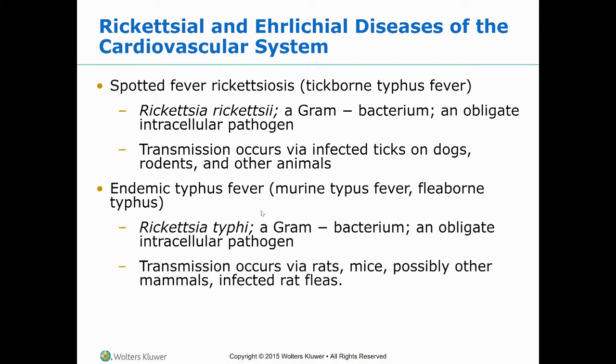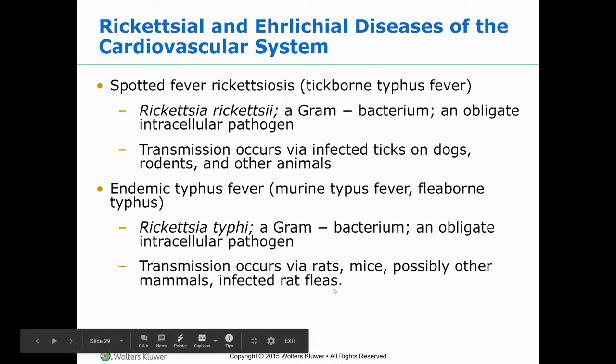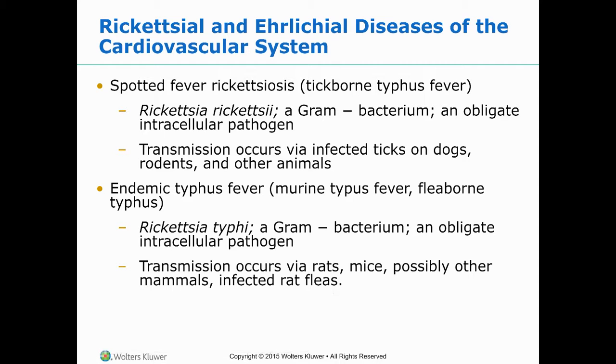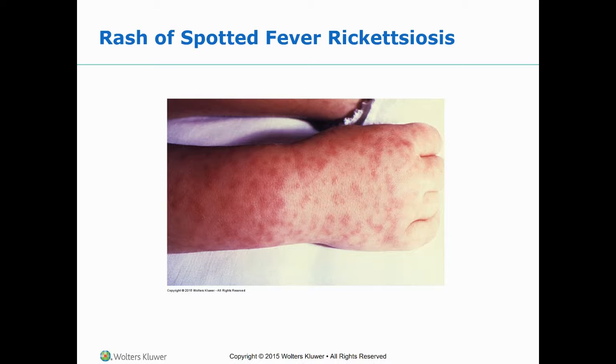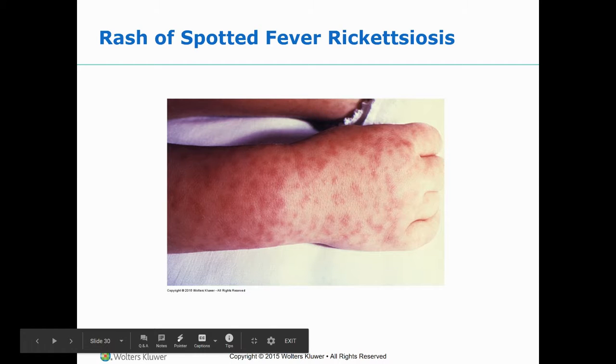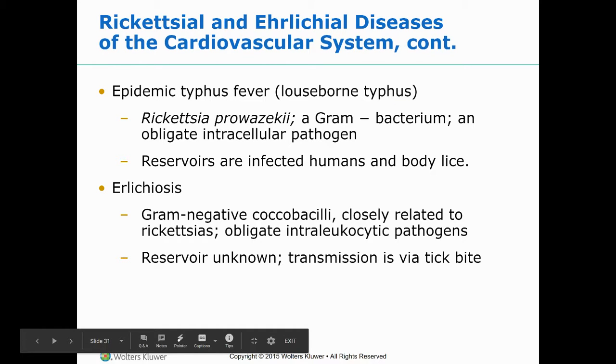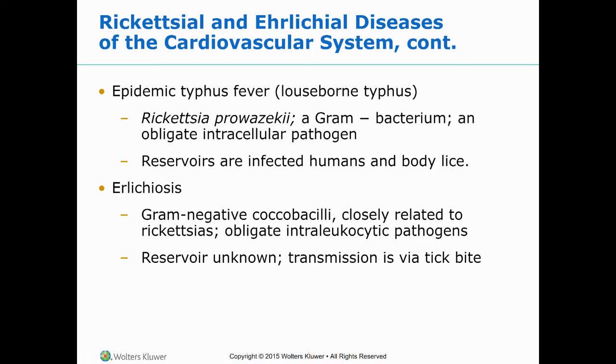It's a gram-negative bacteria, and usually this comes from ticks. A lot of times we can have rats, mice, or possibly other animals, but most of the time they come through the vector route, where they're from an insect or from another animal. This is what the spotted fever looks like. Usually that can attack your cardiovascular system.